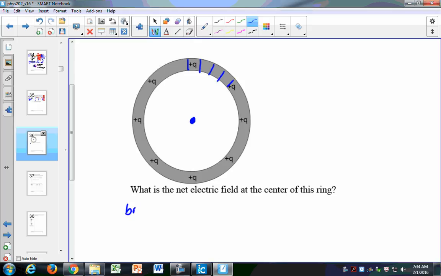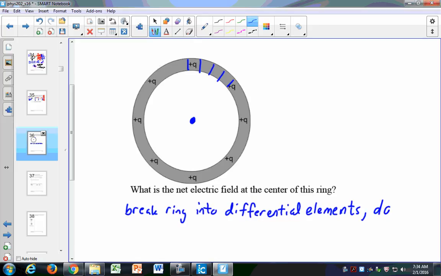So we'll break the ring into differential elements. And we'll call these differential elements, because they have a certain Q, we'll call them dq. Right, y'all are in integral, most of you are in integral calculus this semester, so you should be doing this.